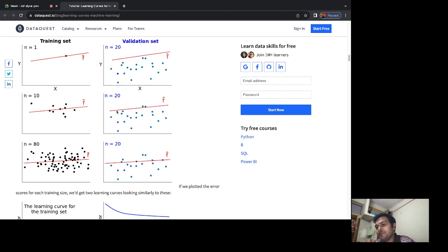Now suppose your hypothesis is also free, you can choose any model in the world that is out there, then 80 samples, 1000 samples, 1 lakh samples doesn't matter to you, it will go on and fit your model. If you give it 10,000 samples, it will fit it perfectly. If you give it 1 million samples, it will fit, but after training for some more time, it will fit.